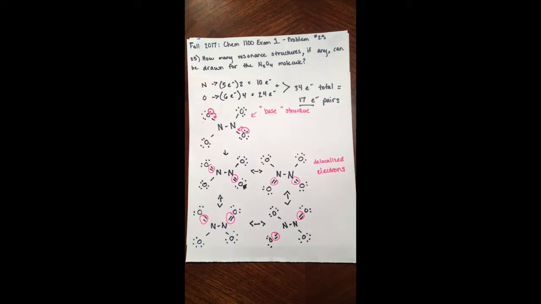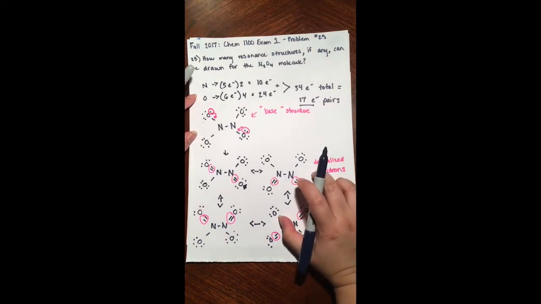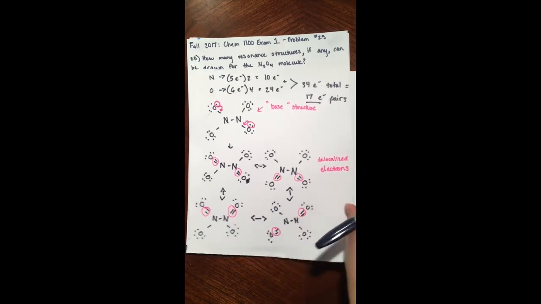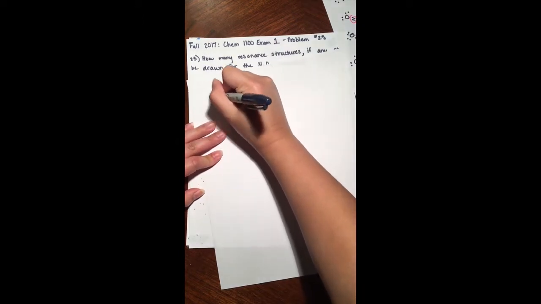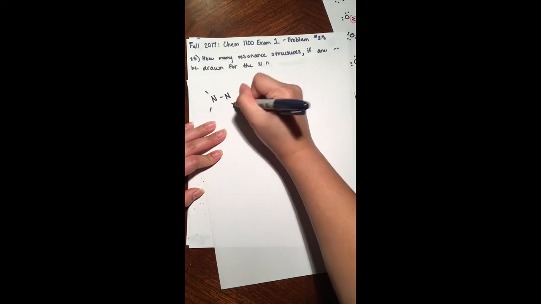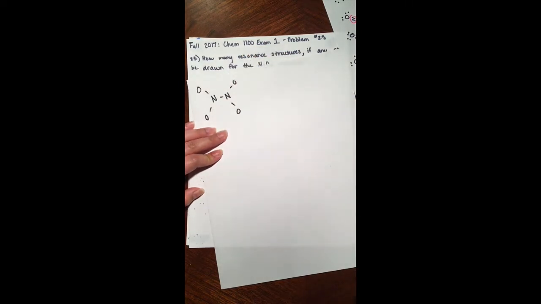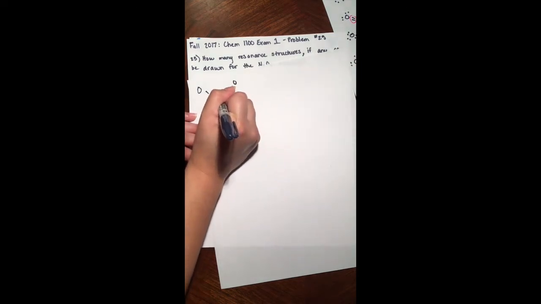Well, now sometimes you can ask yourself, what if I try to make a double bond between these two nitrogens? Well, that wouldn't really work out, because if you look at this, say I have two nitrogens and then my oxygens. So what if I put the double bond between the two nitrogens?